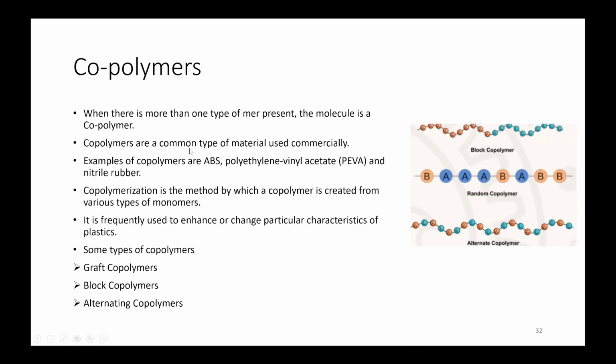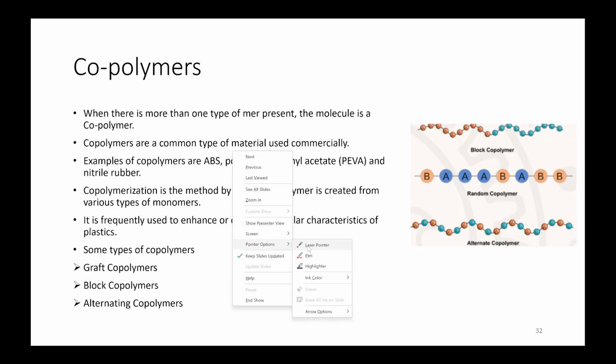Now copolymers is another term. When there is more than one type of mer present, like two monomers, or more than two types of monomers, then it will be called a copolymer. Copolymers are a common type of material used commercially.